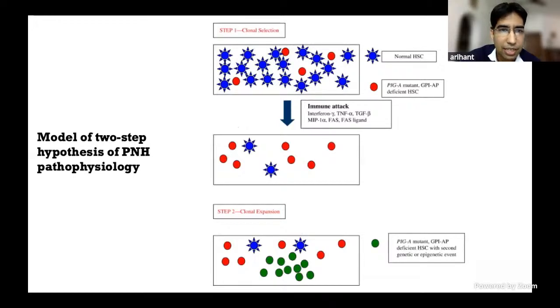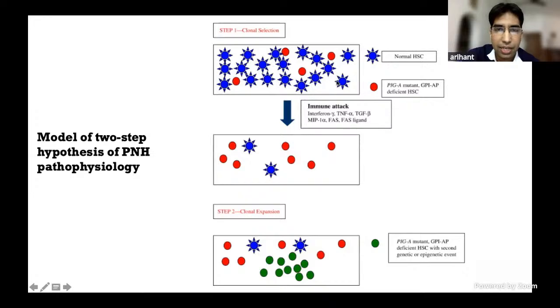Our current understanding of PNH is depicted in this cartoon, where we know that the dividing hematopoietic stem cells would have certain cells which acquire a PIGA mutation during the course of division.